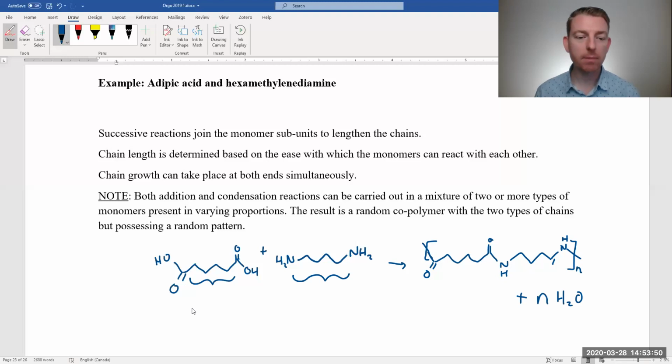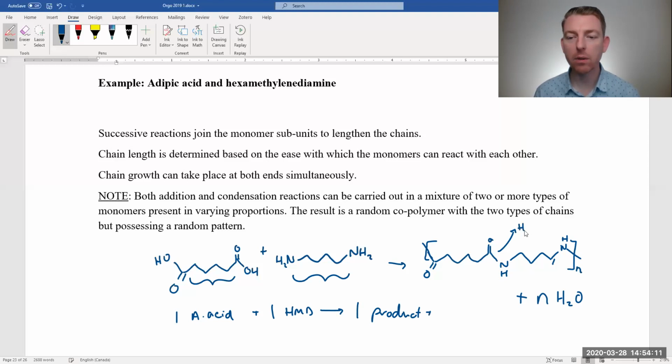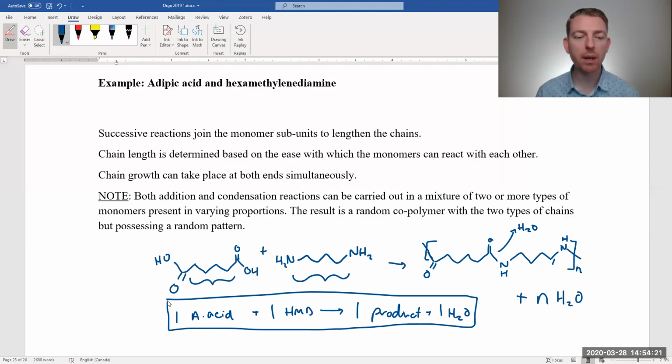So in this case, we have one adipic acid, we're going to shorten that, plus one HMD, going into one product, plus, and this water came out of right here, H2O, so plus one water. And that is going to be the generic, obviously not the monomer names, but the generic prototypical reaction for all of these ones, because we really don't want to forget about the water in here.